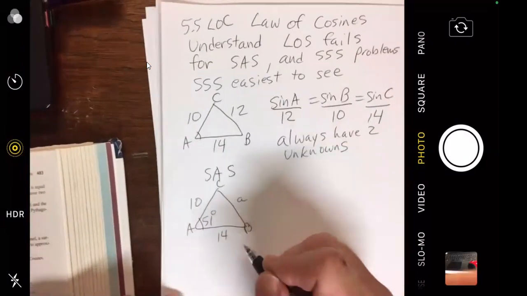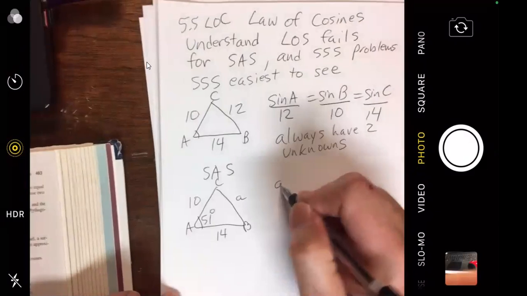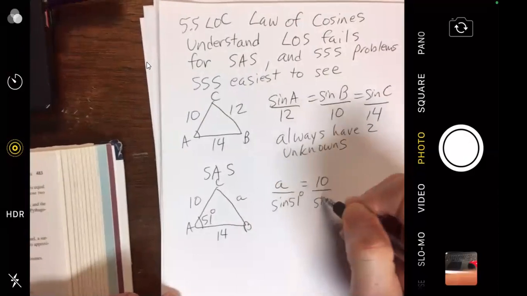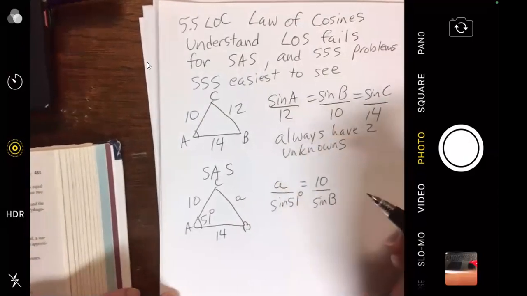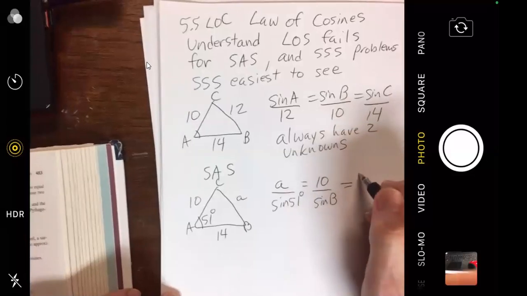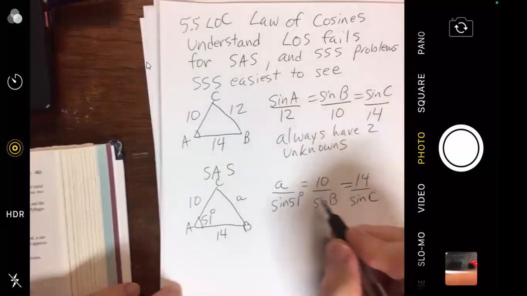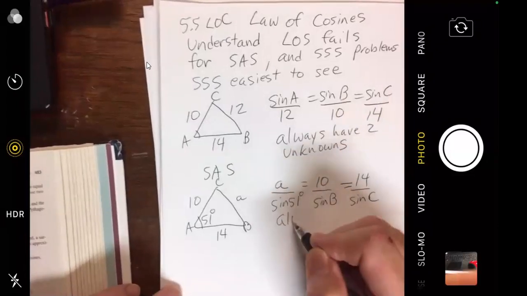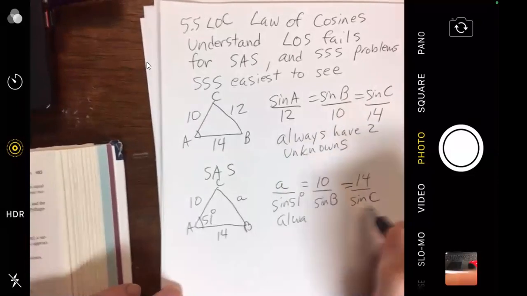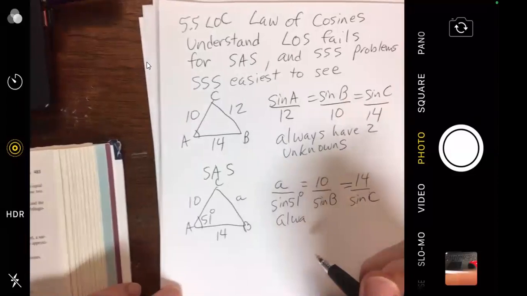If you wind up with a over sine 51 degrees, then you have to have 10 over sine big B, and that would equal 14 over sine big C. So no matter which way you go, you always have two unknowns.